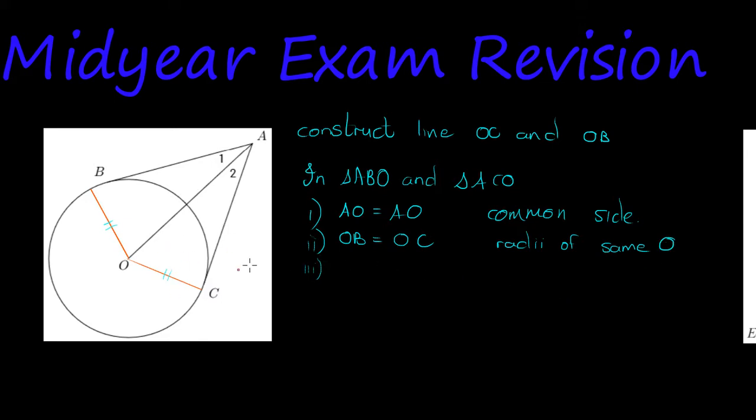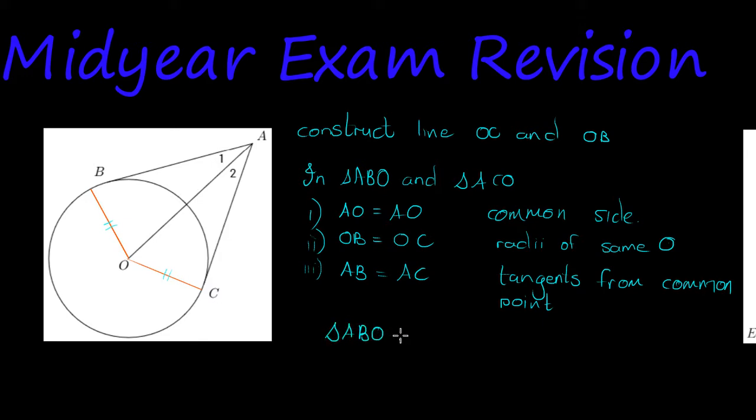And then finally, I could say that AB is equal to AC, tangents from a common point. So if I did this, then I would say triangle ABO is congruent to triangle ACO, and my reason would be side, side, side.